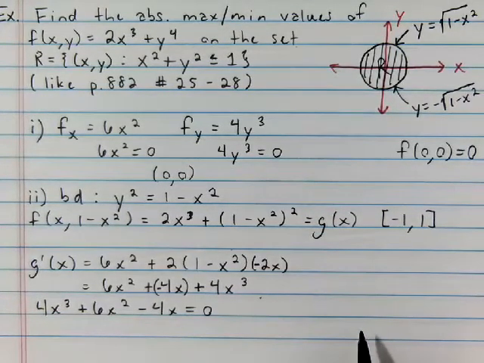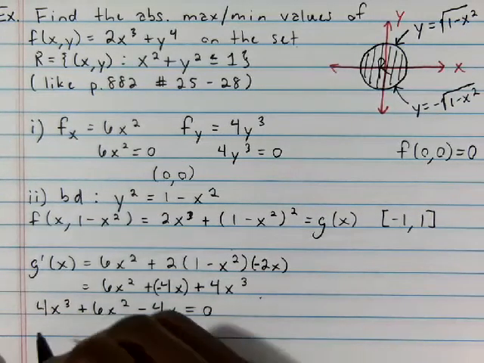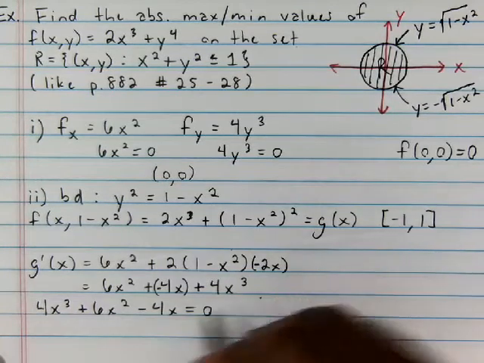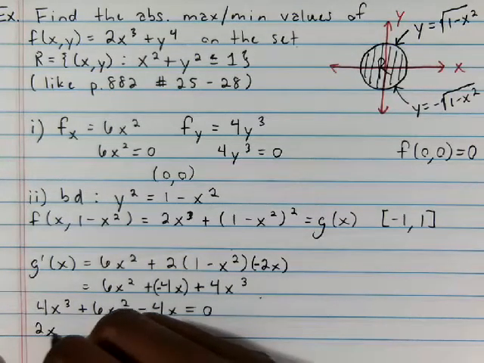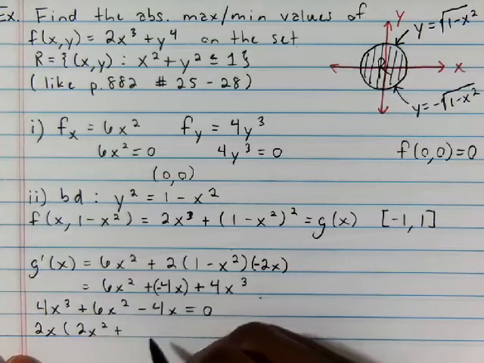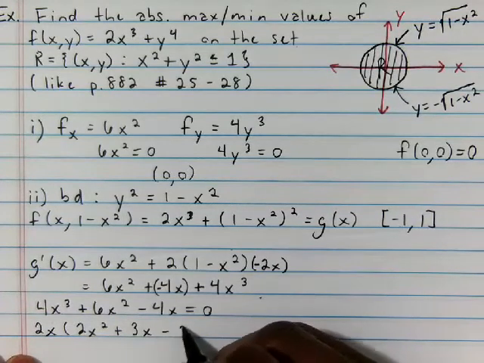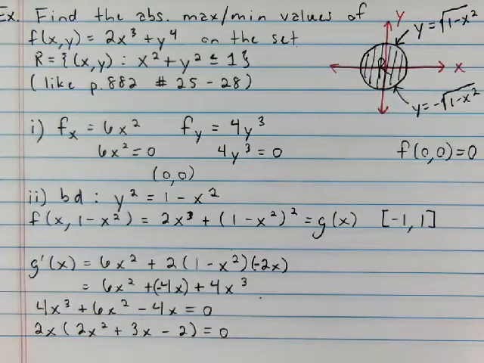And we can factor out a 2x from this, or divide both sides by 2x. Actually, let's factor out a 2x so we don't forget. So 2x times 2x squared plus 3x minus 2 equals 0.